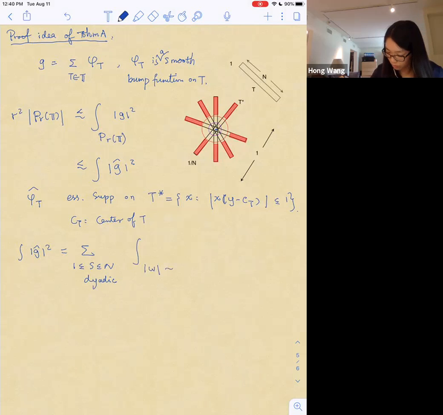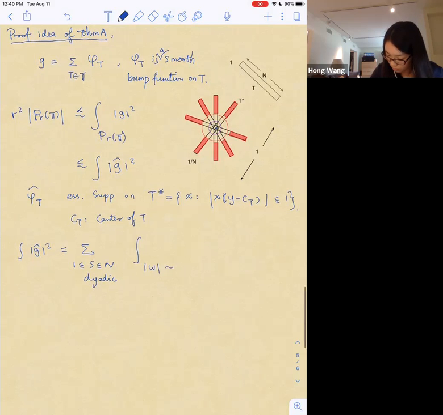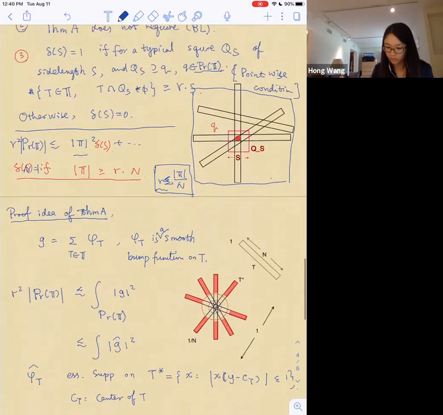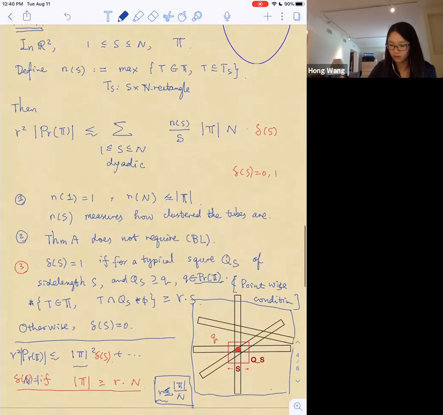We decompose into frequencies with norm about S to the minus 1. So this S, as we might guess, takes value from 1 to N, and that is closely related to the S that appeared in the formula here.